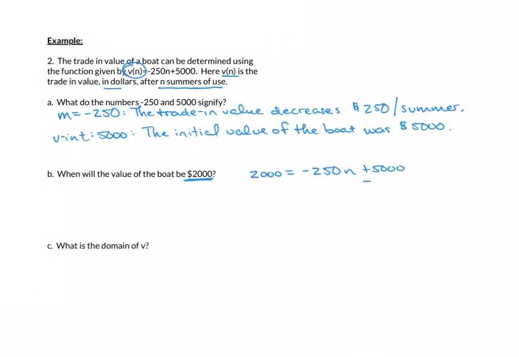So we're going to subtract 5,000 from both sides. We get negative 3,000 equals negative 250n. And if we divide both sides by negative 250, I get 12 equals n.